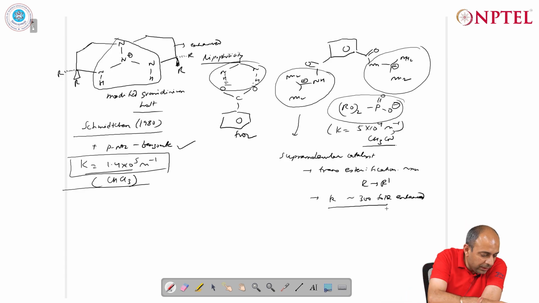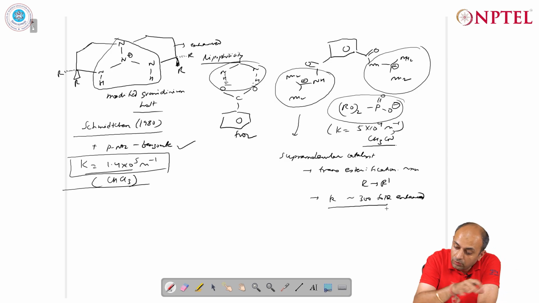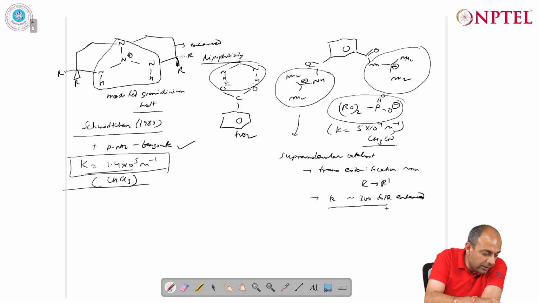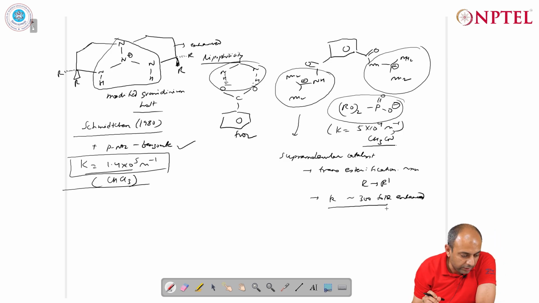So, keeping these things in mind, we have now seen that you can actually have modified guanidine residues which can modulate the anion binding characteristics.